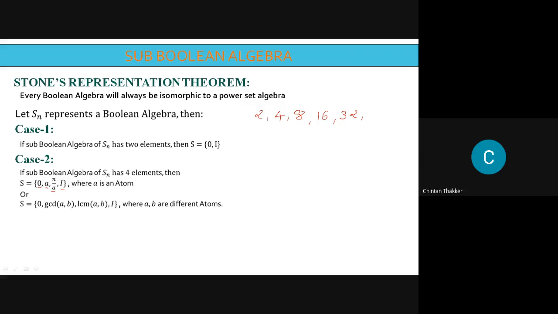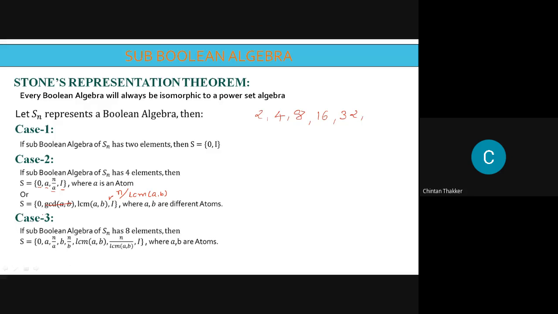If we have a Boolean algebra of more than 16 elements, then you can get one more way. If you have two atoms, then 0, the LCM of those two atoms, N upon LCM of a, b, and I element.